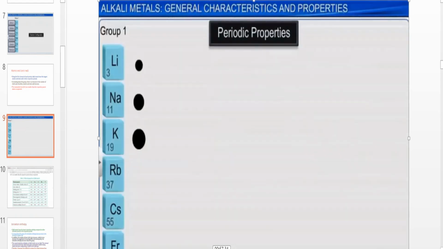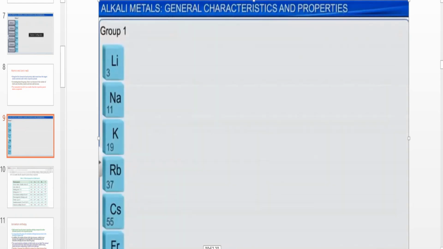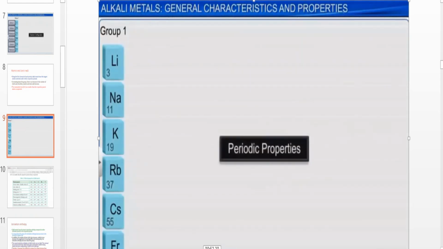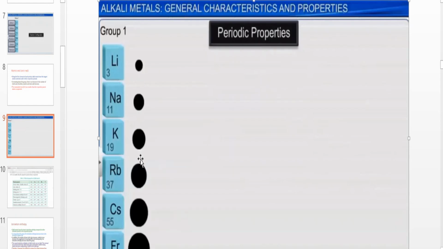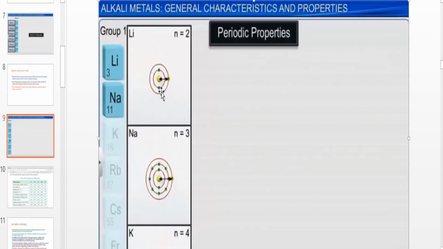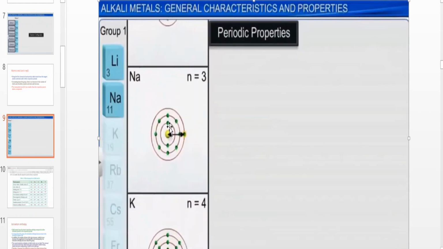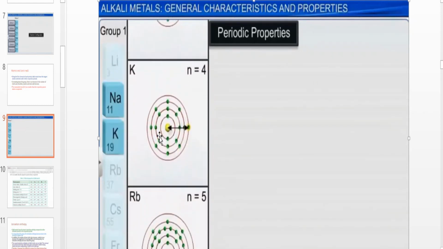See the periodic properties of atomic radii. In the first group, look at the size of the lithium atom. It is smaller than sodium, potassium, rubidium, cesium. As we move down the group, the size of the atom increases because of the addition of extra shells.